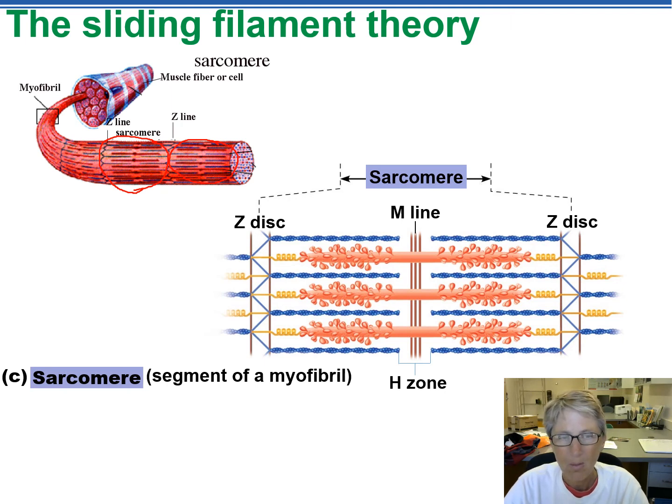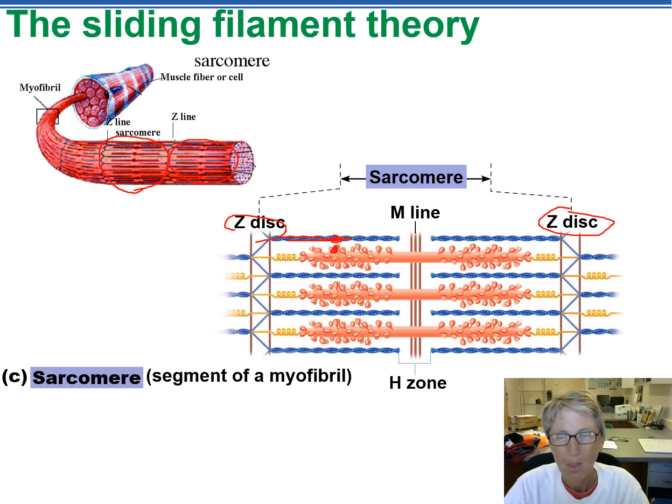So the sliding filament theory says that when these myosin heads bind to myosin head binding sites on actin, and then the ATP is burned and the myosin heads can move, the myosin heads can walk along the actin, and when they do that, the whole sarcomere gets shorter, so the two Z discs get closer to each other.